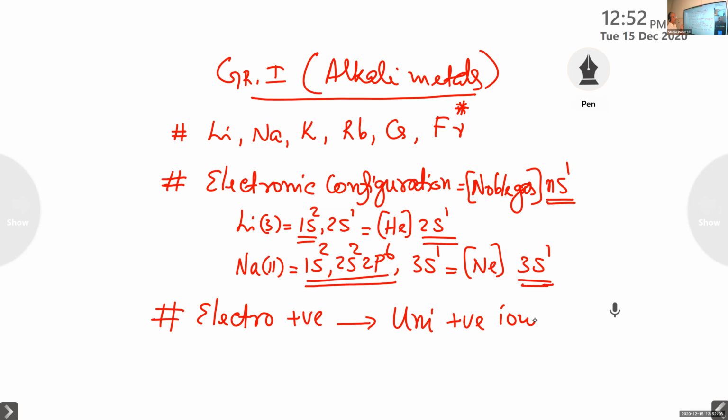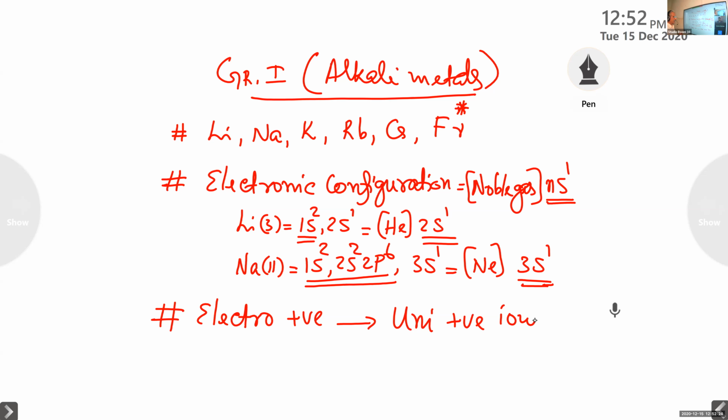In a period, the alkali metal atom is the largest atom. And so the outermost electron is loosely held, and therefore the valence electron can be easily removed.